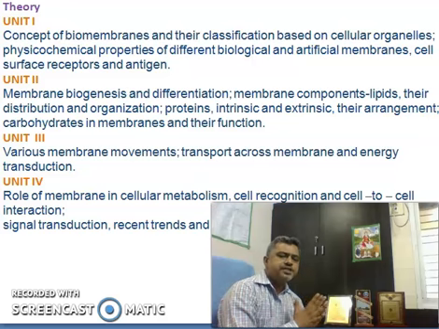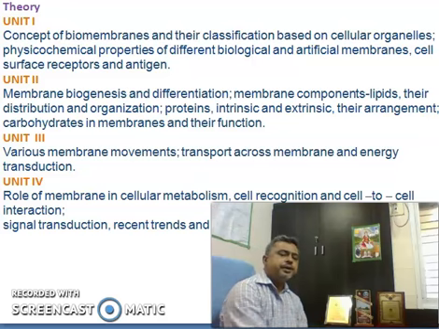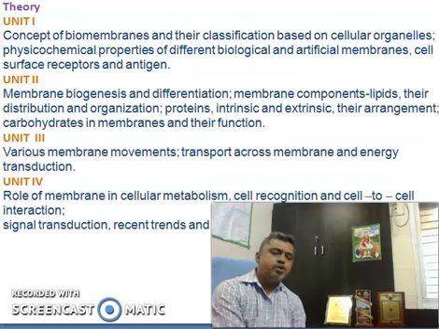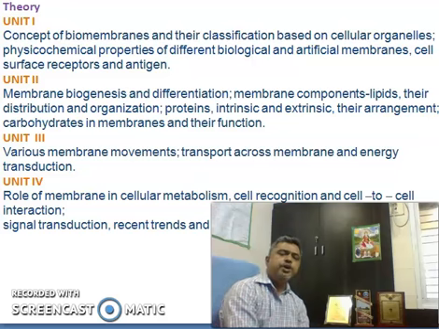Then cell surface receptors and antigens. Another unit includes membrane biogenesis and differentiation, membrane components, lipids, their distributions and organization. Then what the proteins are, intrinsic and extrinsic, their arrangement, and what the role of carbohydrates in the membrane and their functions is. That will be one of the topics.